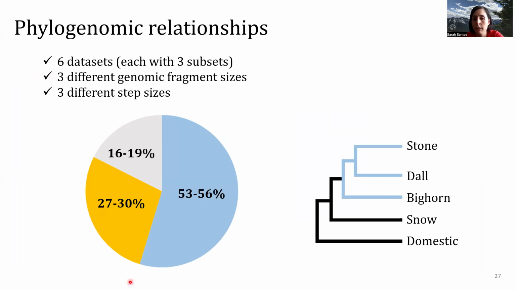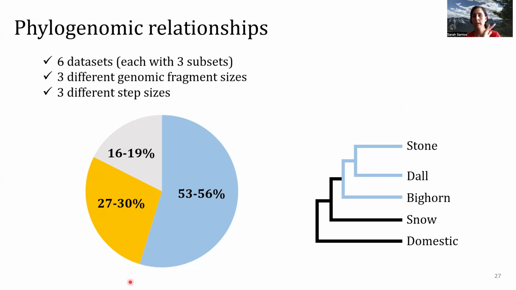We generated different sizes of genomic fragments and different step sizes as well, because as I mentioned before with the big cats, recombination rates can generate different signals in the genomes if they are higher or lower. We didn't have that information for the wild sheep, and so we use spaces between the windows to account for that.